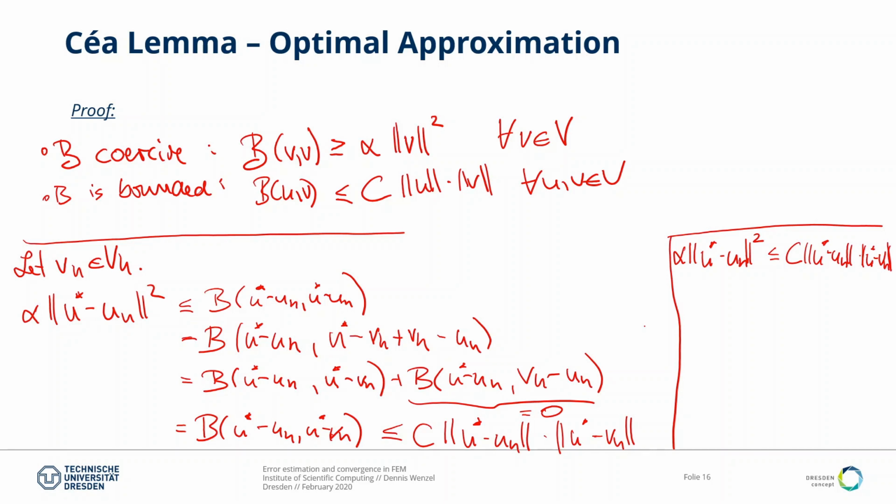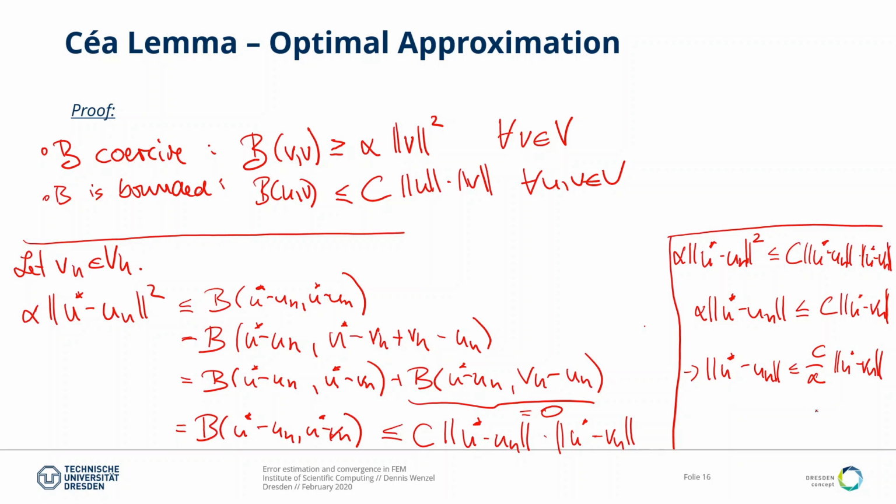So I'm good, and I'm dividing by this, and this means that I'm left with alpha times the norm of u star minus UH, without the square now, less or equal C times the norm of u star minus VH. Then I can take the alpha onto the right hand side, and I have my result: the norm of u star minus UH less or equal C divided by alpha times the norm of u star minus VH.